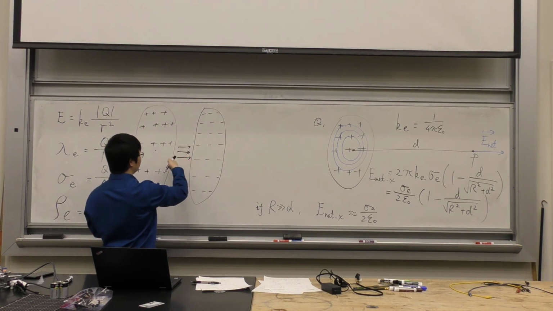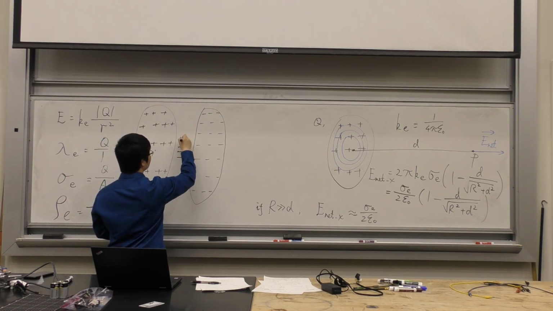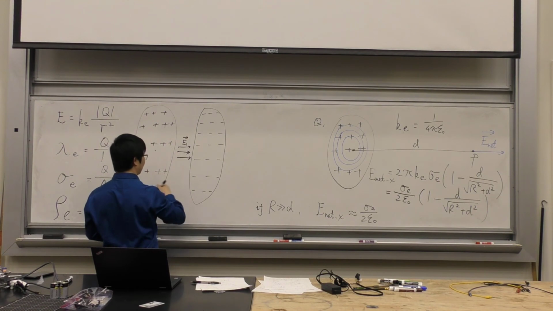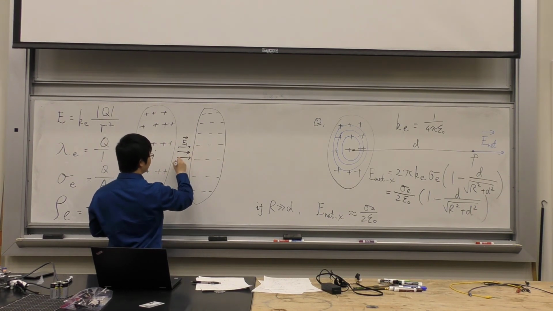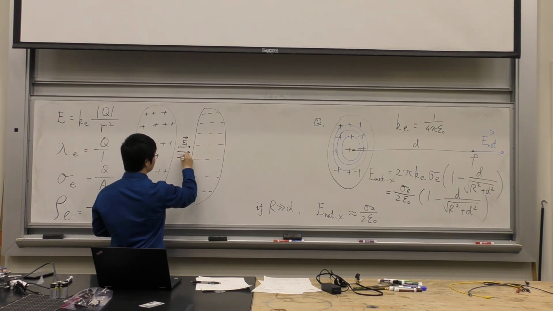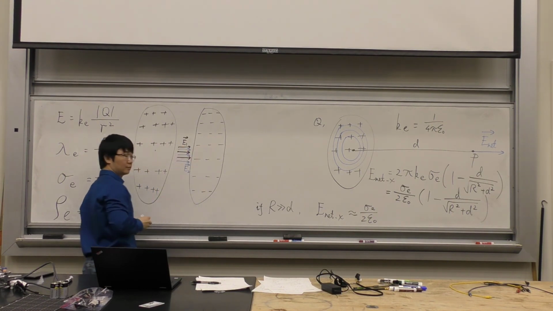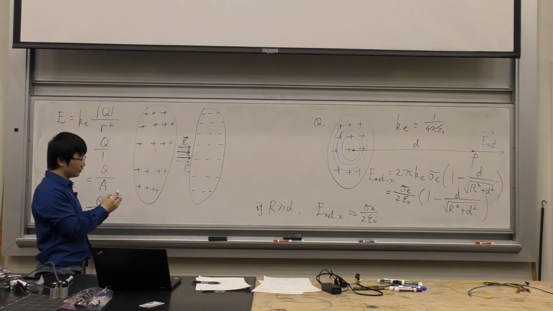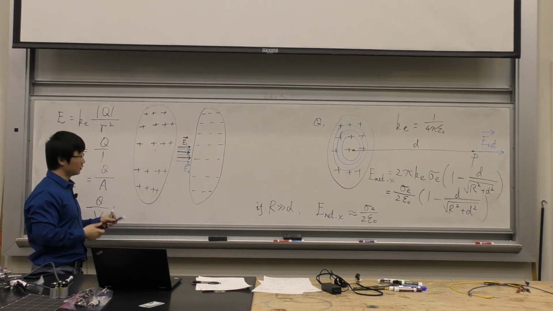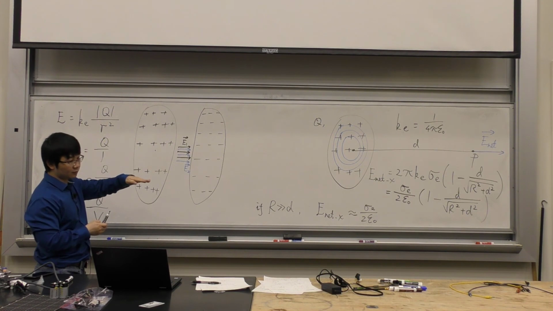So let's say it's going to be E1 created by this plate. Now this plate is also going to create its own electric field, but this plate creates the electric field in the same direction, E2, in the same region. So these two electric fields are going to add, because they are all in the same direction.